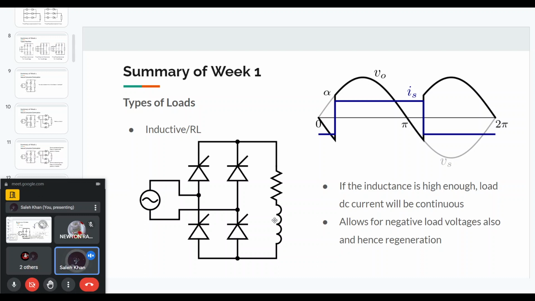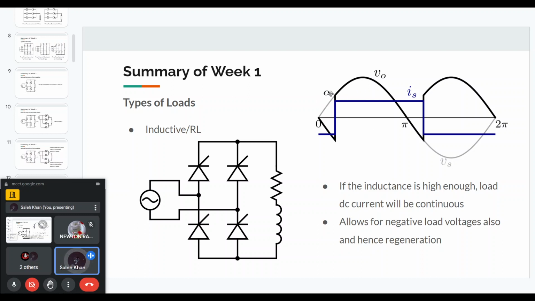But the voltage at the output, the voltage between the top point and the bottom point, like here I've shown the V out voltage, this voltage can become negative. Here, this voltage is positive, and then after pi angle, it becomes negative. So this voltage can become negative, but the current remains positive. In this case, the average output voltage will also have some positive value.